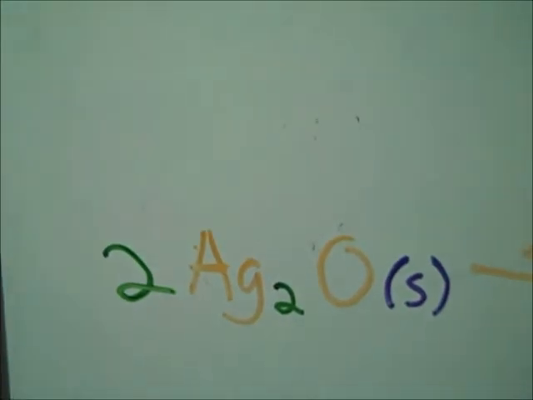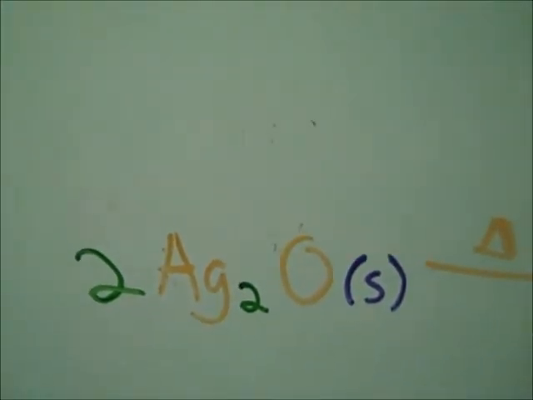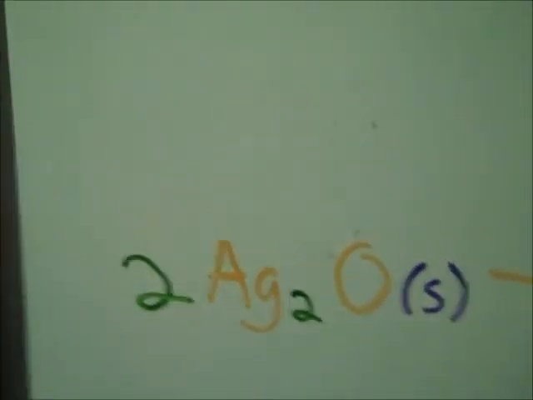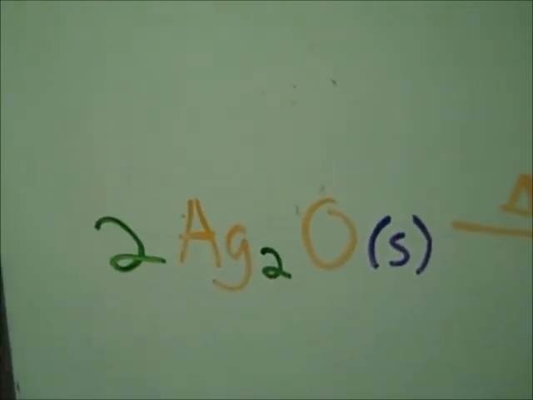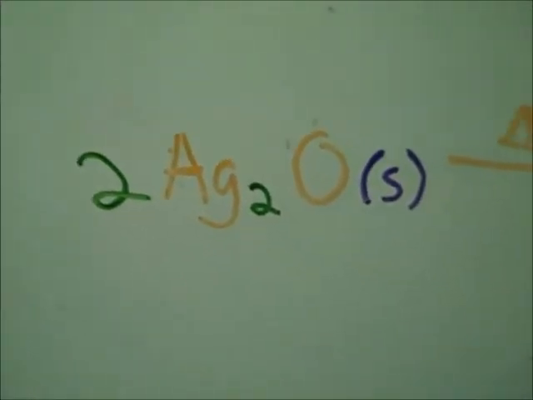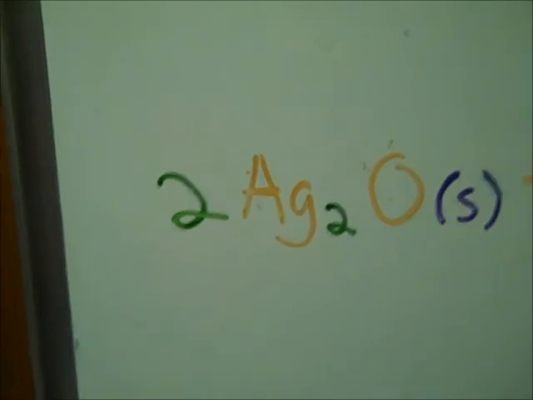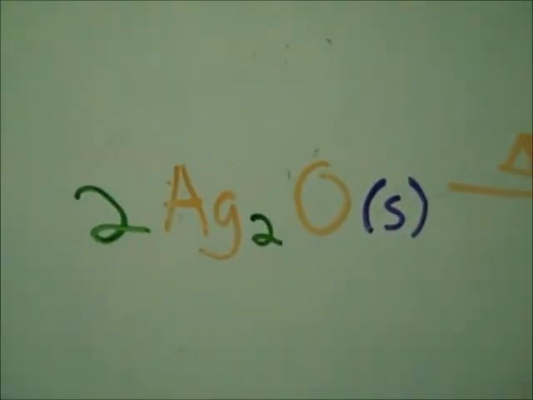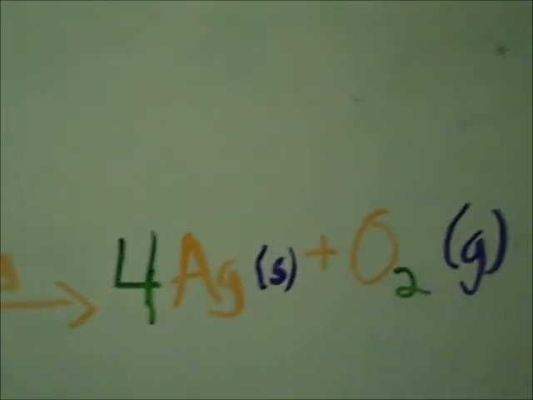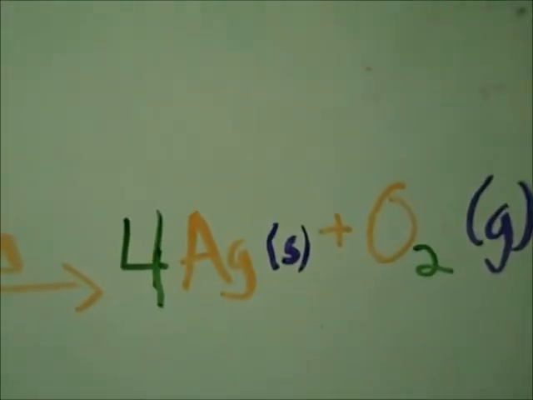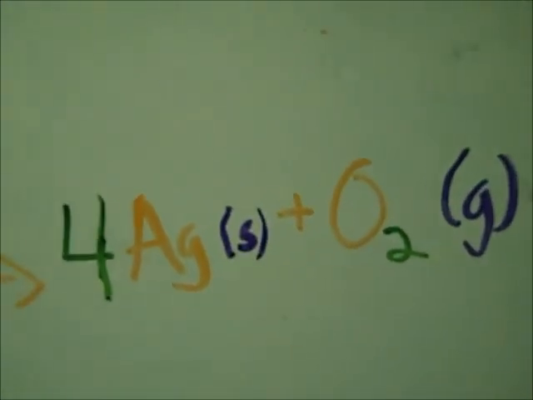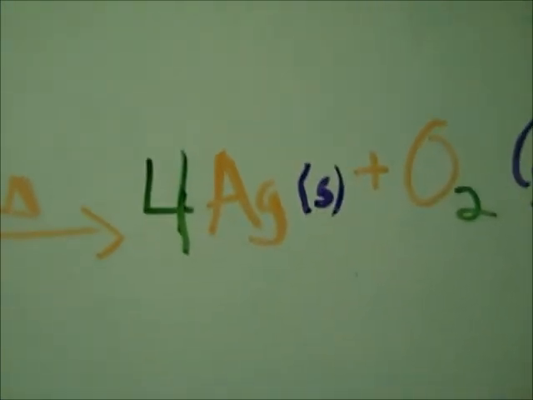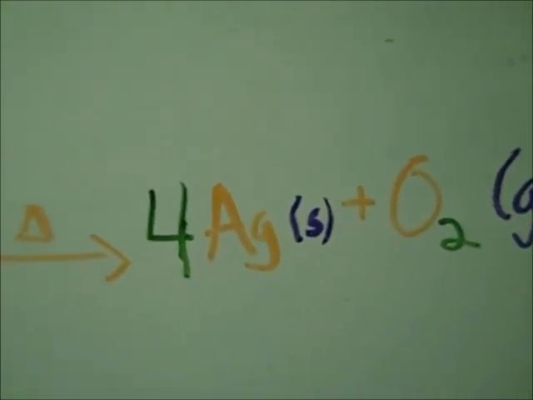And because there were 2 molecules of silver to begin with, signified by the subscript 2, and the 2 in front of the compound to produce 2 oxygen molecules produces 4 silver molecules, we put a 4 in the product side to signify that there are still 4 molecules of silver.